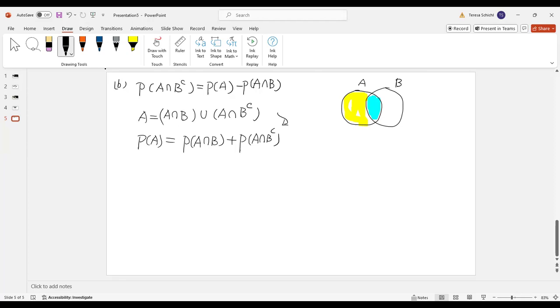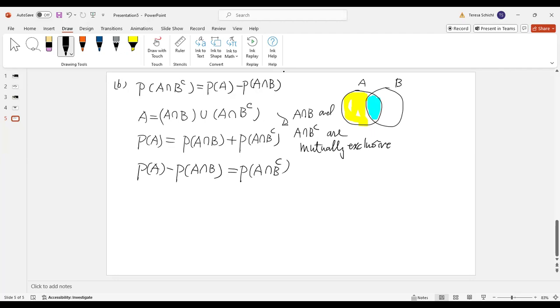This is the same reasoning as before: A intersect B and A intersect B complement are mutually exclusive, so by the addition law you just add these two pieces, and that gives P(A). Now we want to find P(A intersect B complement), so I just subtract P(A intersect B): P(A) minus P(A intersect B) is equal to P(A intersect B complement). And that finishes the proof.